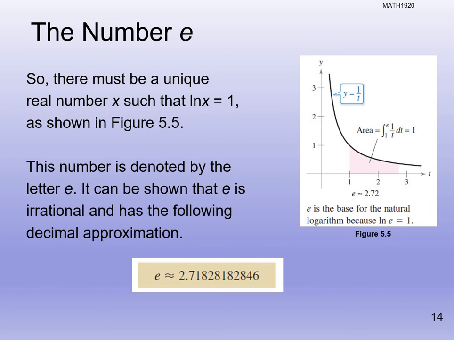So if I integrate from 1 to e of 1 over t dt, that area becomes 1. So if I take the natural log of e, it equals 1. What I'm really saying is the natural log, base e, of e is equal to 1. And I'll rewrite that on the board a little later so it makes sense.